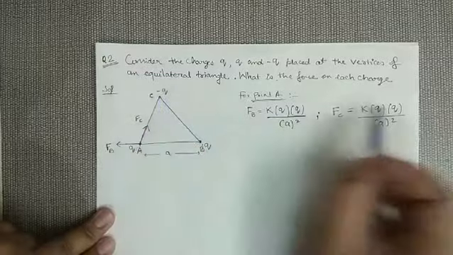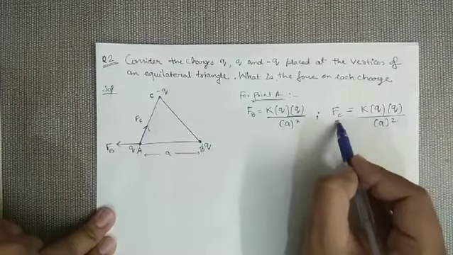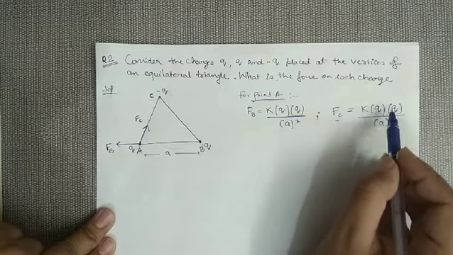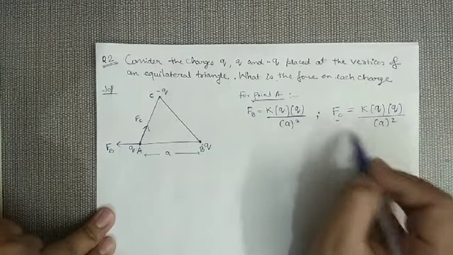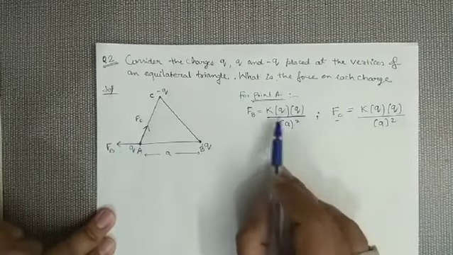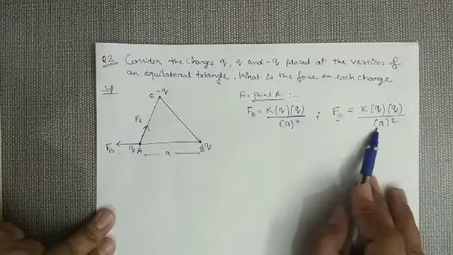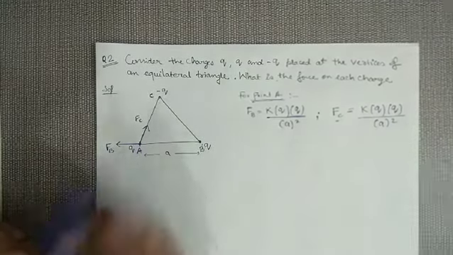I haven't considered the minus sign because this minus will only show that the nature of the force is attractive. On using minus Q, it will come that the force is attractive. So there is no need to use the negative sign. Just calculate the magnitude. This is the force applied by B. This is the force applied by C, and they both are applying the force on A.